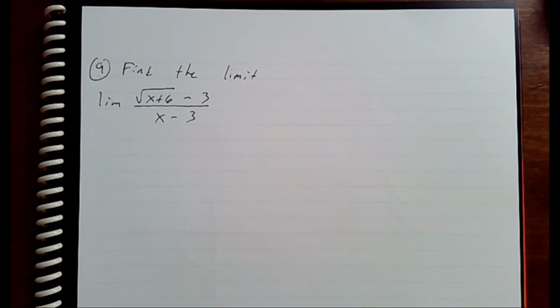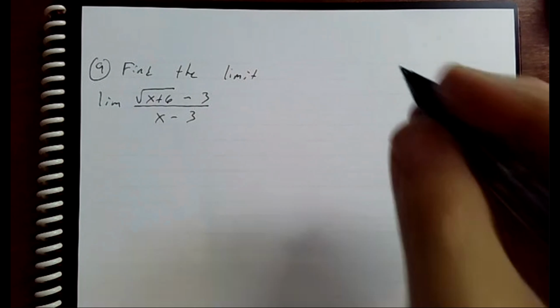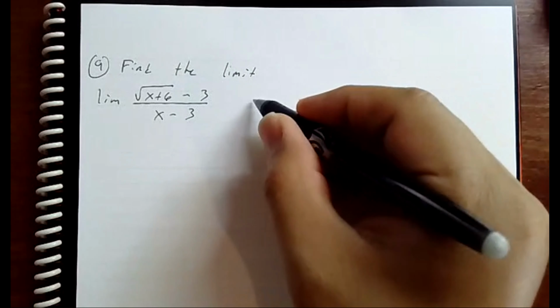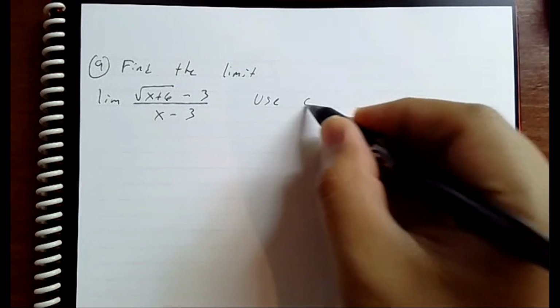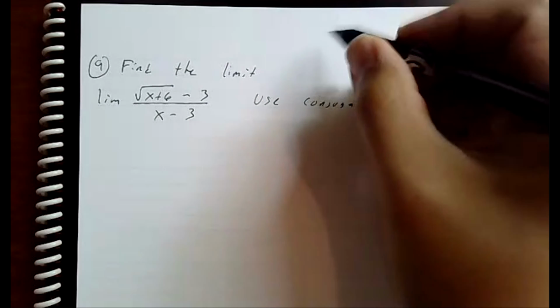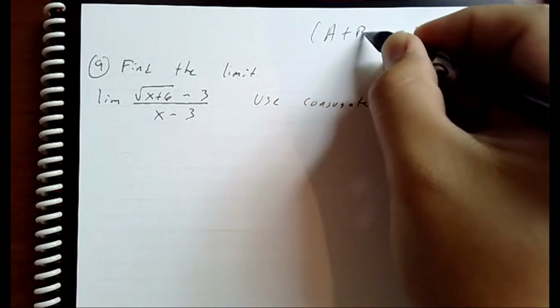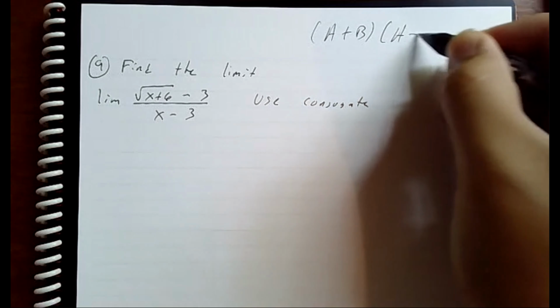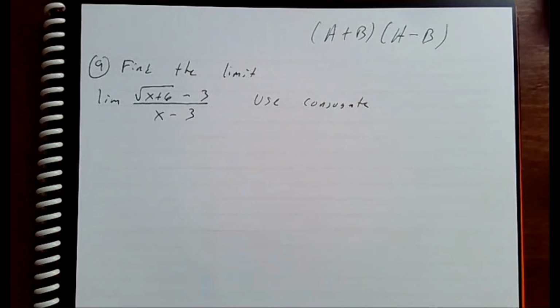So whenever you see a square root plus something or square root of something minus something, I'm going to write a note here. Use conjugate. Now, what is a conjugate, right? A plus B and A minus B are conjugates of each other. So basically it's just something plus something or something minus something.